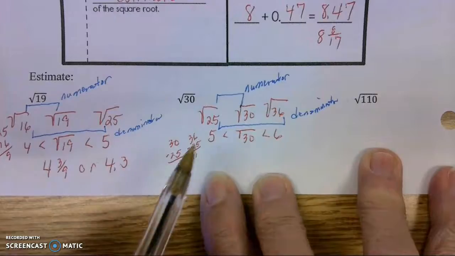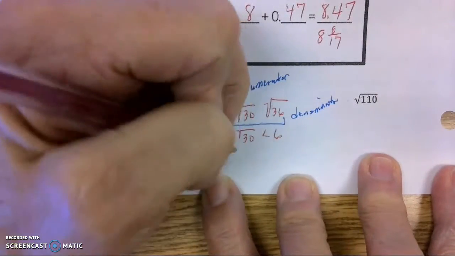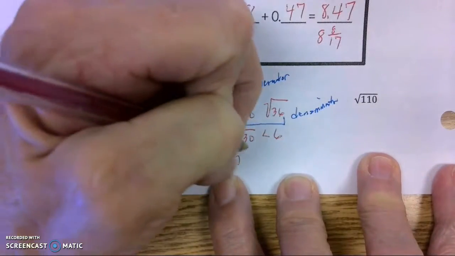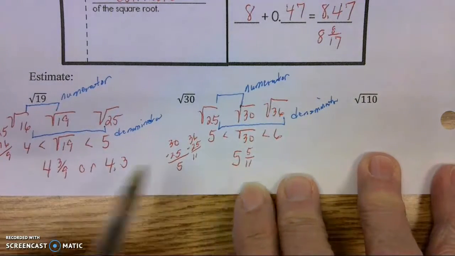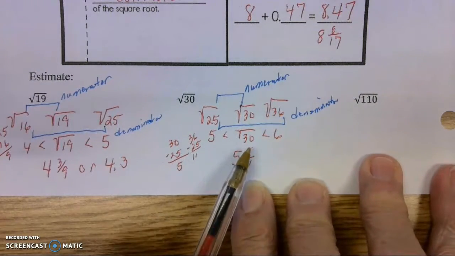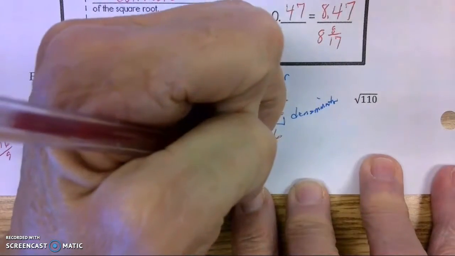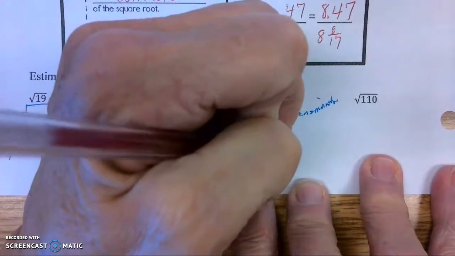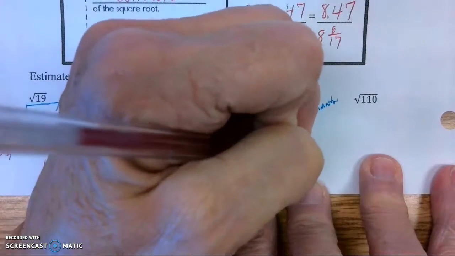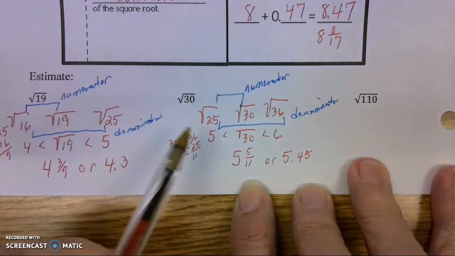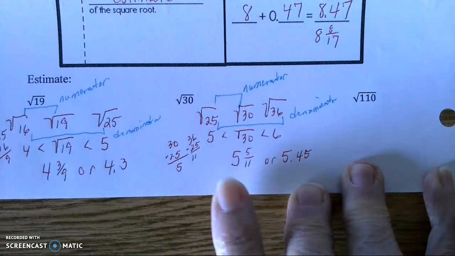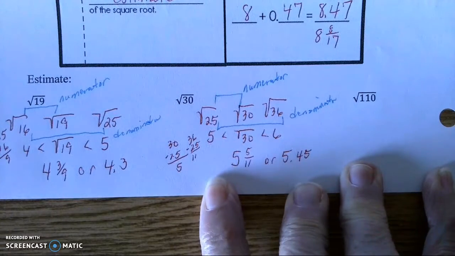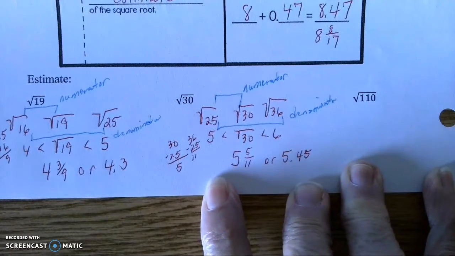Okay, that forms my fraction, so I know that this is 5 5/11, and then if I divide that out, this is going to equal 5 45/100. So the square root of 30 is approximately 5.45, or 5 5/11.